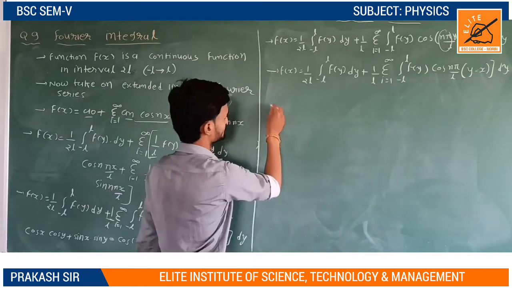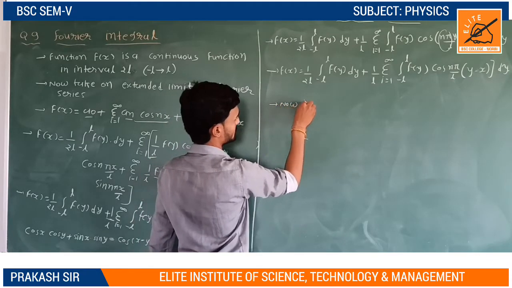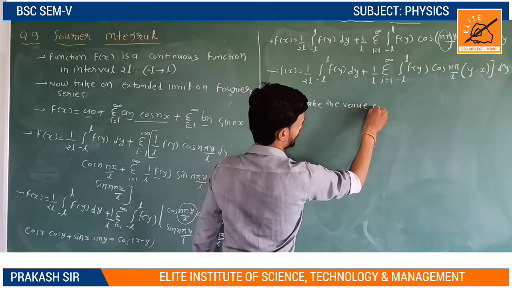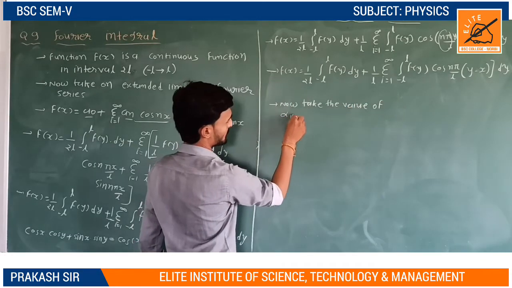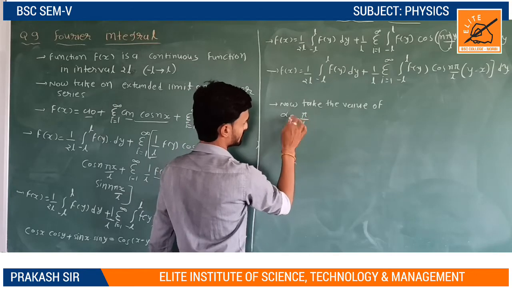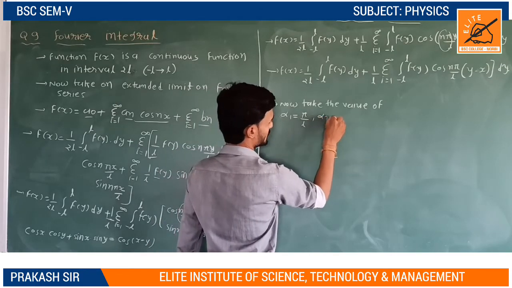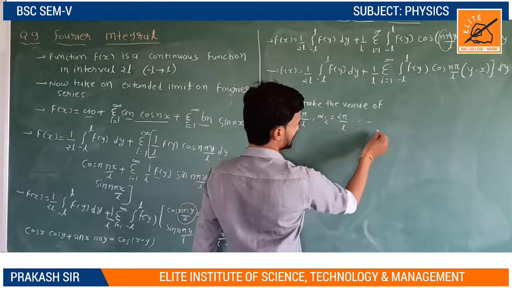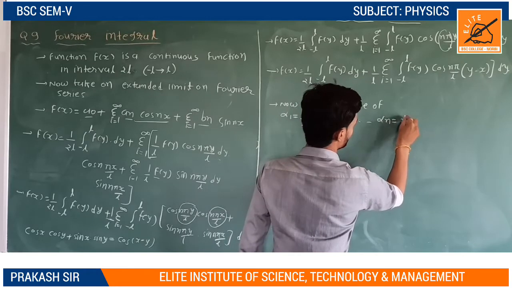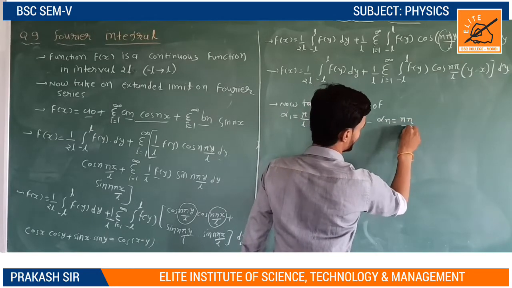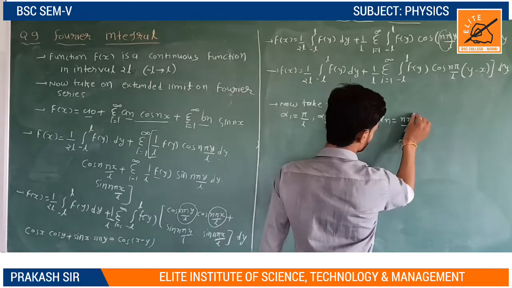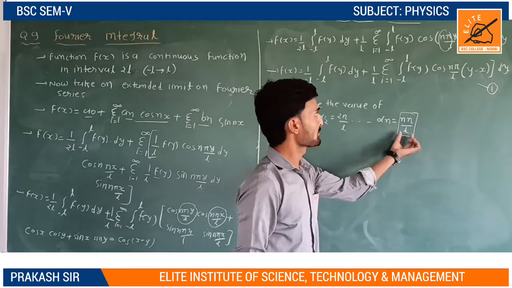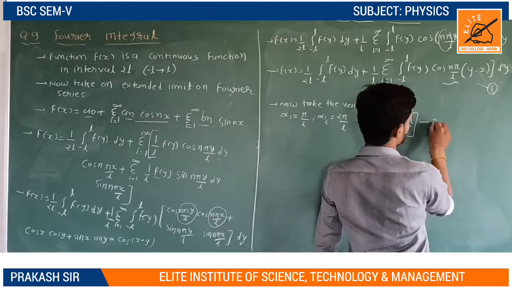Now take the value alpha 1 is equal to pi upon L, alpha 2 is equal to 2 pi upon L, and so on to infinity, the value of alpha n is equal to n pi upon L. This is equation number 1, and this type is equation number 2.